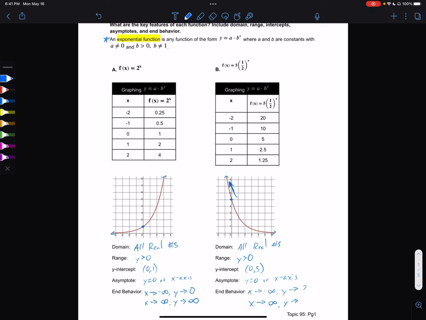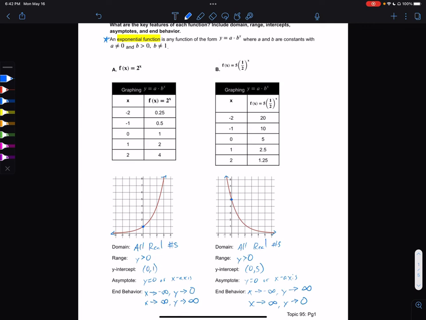So that means we're approaching larger and larger numbers. So y would approach positive infinity. And then as x approaches positive infinity, meaning as the graph moves right, what is going on here? Well, the graph's getting closer and closer to the x-axis, which means my y values are getting smaller and smaller, and they are approaching 0.